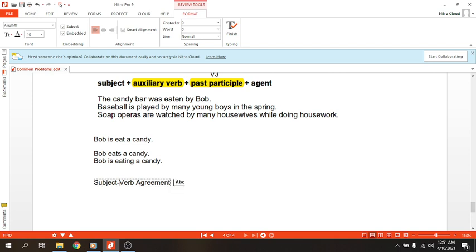Jadi again, subject-verb agreement, kalau literal translationnya adalah persetujuan subject dan verb, which means if the subject is singular, then the verb should be singular too. Ini dulu saya ajar pas bimbel, ke mahasiswa, ke murid saya. Verbnya pasti ada s-nya.